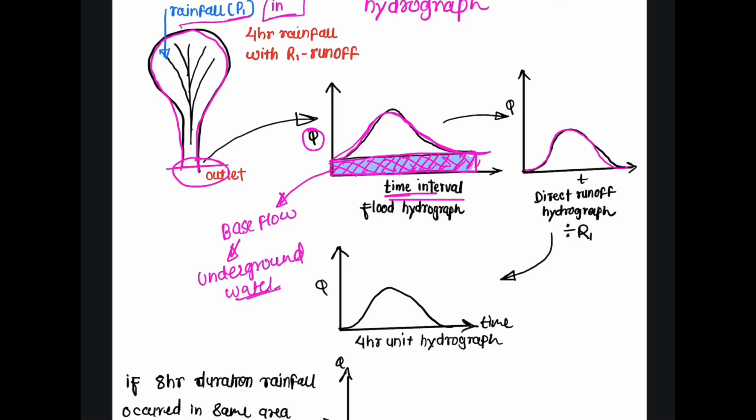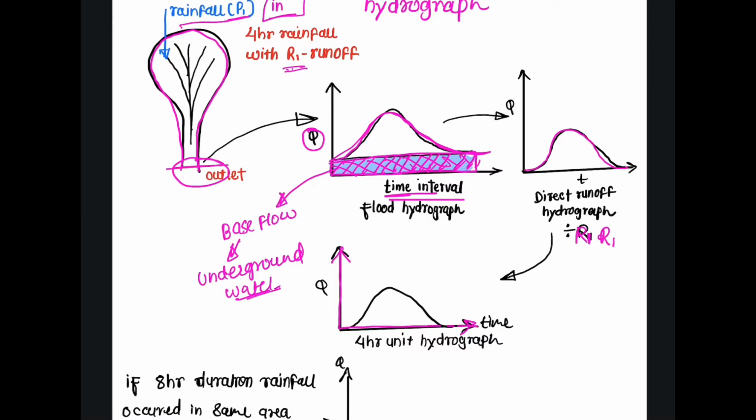After dividing this direct runoff hydrograph with the runoff R1, as we can see here, R1 is the runoff, we get the 4-hour unit hydrograph.